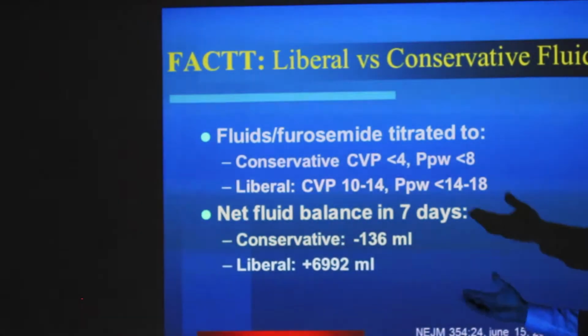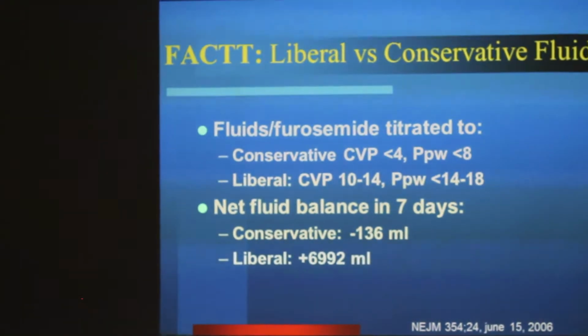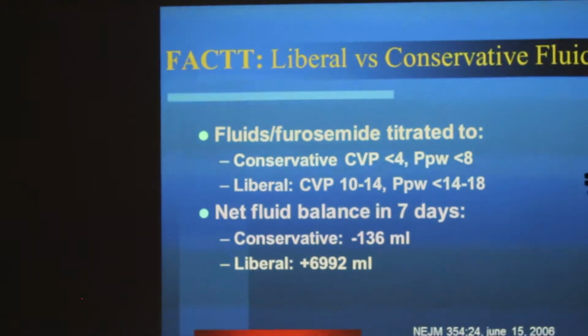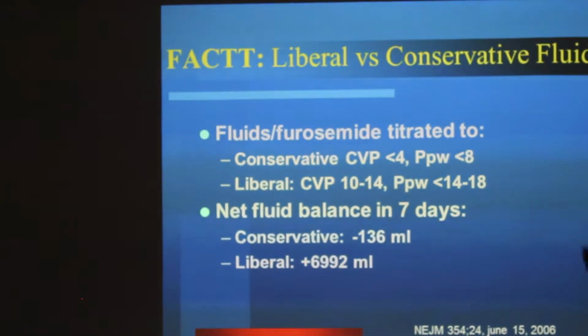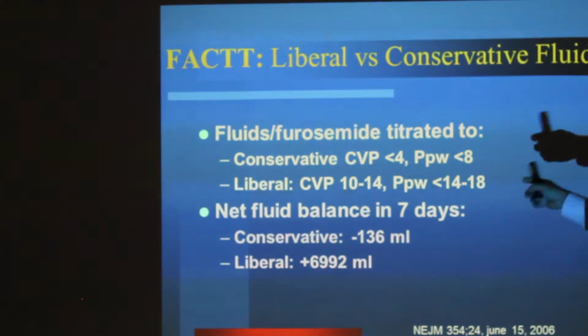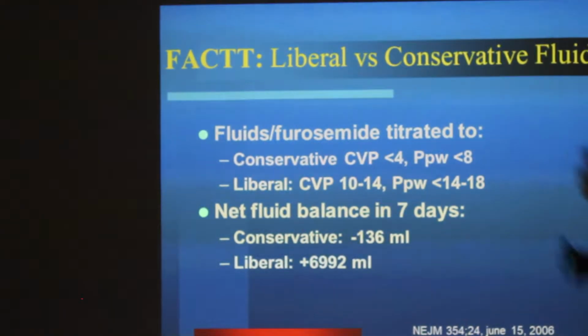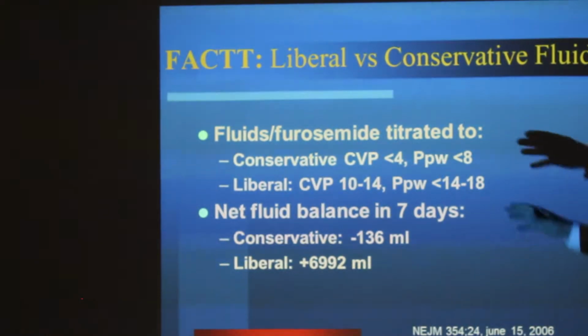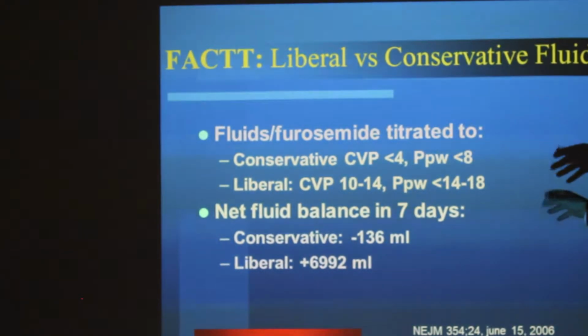On the other side, if you look at fluid, there's a conservative arm. Basically, they diuresed those patients in the ICU to make sure the CVP is below 4 and wedge below 8. In the liberal arm, they allowed the CVP to be a little bit higher, 10 to 14, and the wedge 14 to 18.